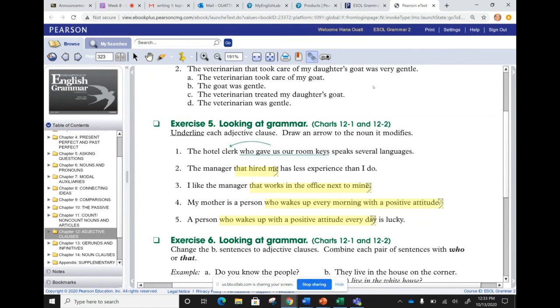So if I say, describe your mother to me, well, she's a person who wakes up every morning. You know, what kind of person is she? Well, she wakes up every morning. So it's kind of like we're missing the real essence of the description.